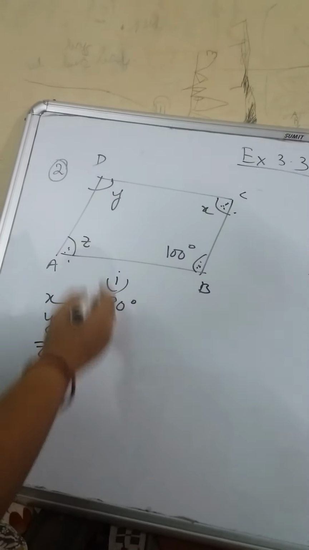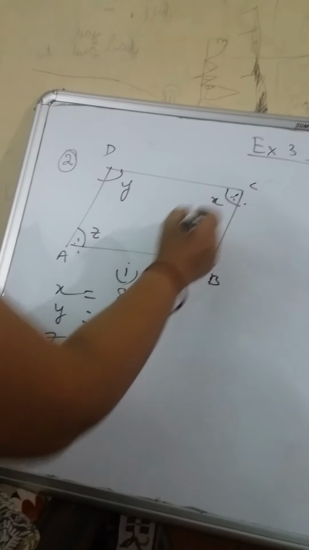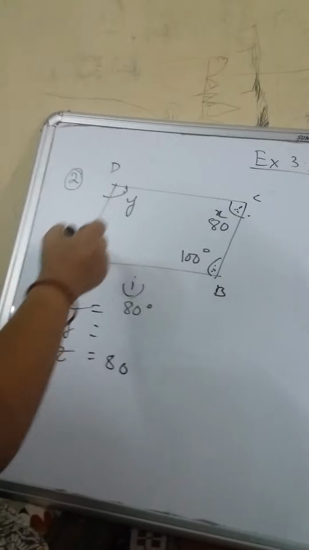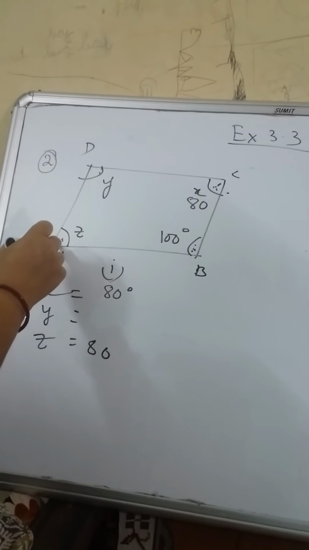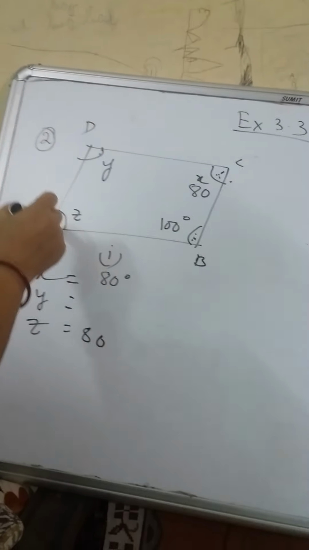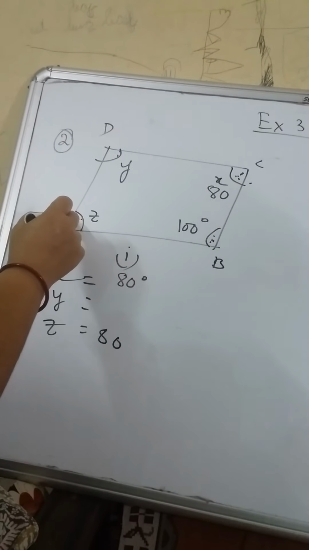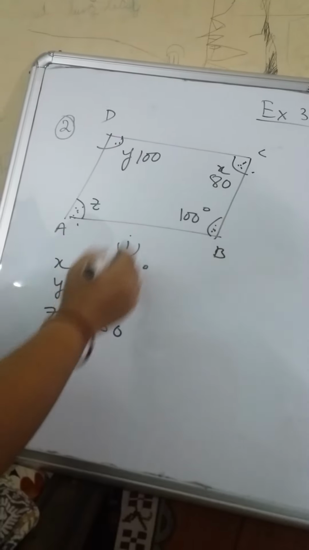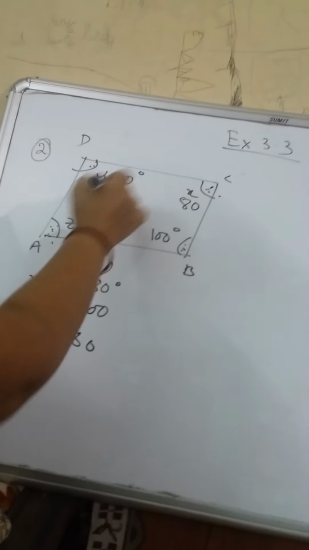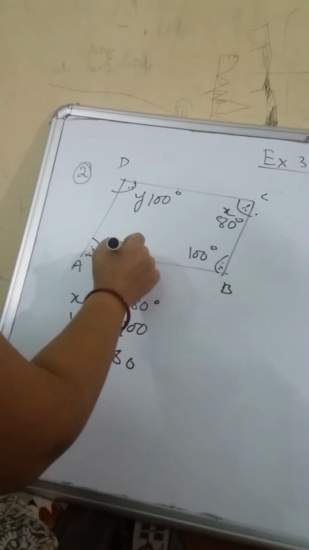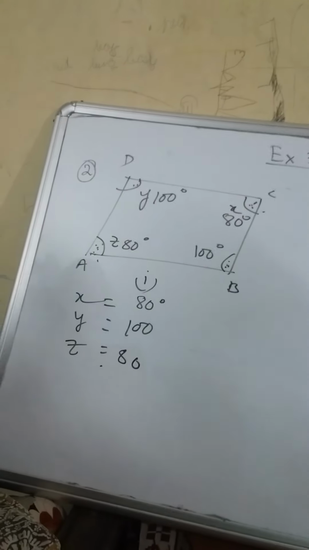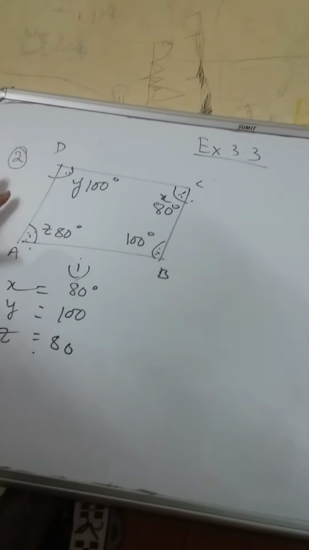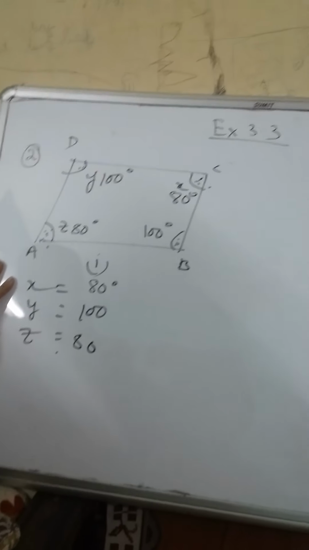So z should be 80 degrees. Again, y and z are adjacent angles, so they are supplementary. If z is 80, y must be 100 degrees. This way you have to solve, using those properties that we have studied.